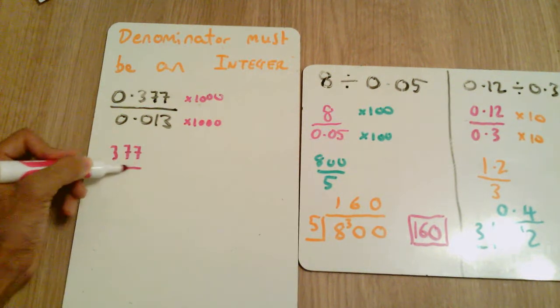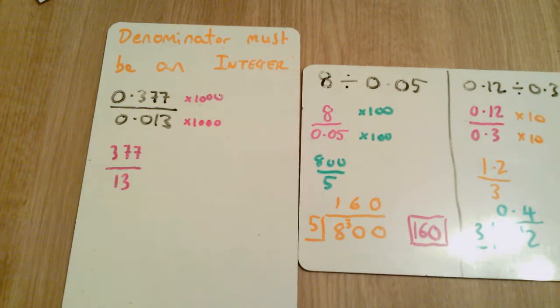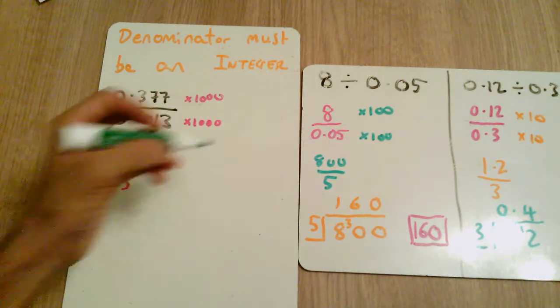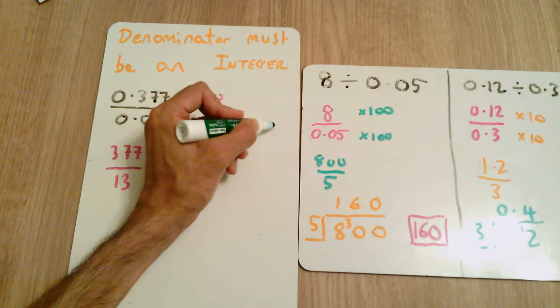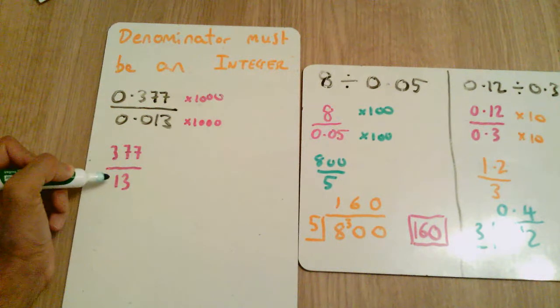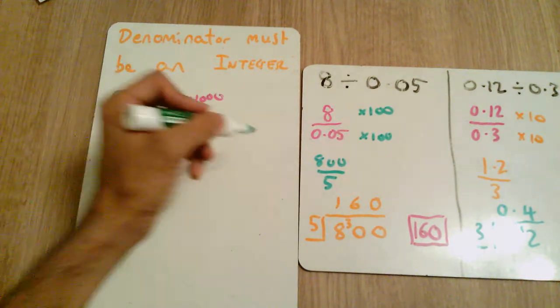377 divided by 13. Now, the reason I've used 13 is because most people aren't comfortable with a 13 times table or any other obscure times tables. When you've got a question like this in a non-calculator paper or a non-calculator question, it's good just to list the times tables of the 13 times table, or whatever the denominator is, so we can do this in a much easier fashion.